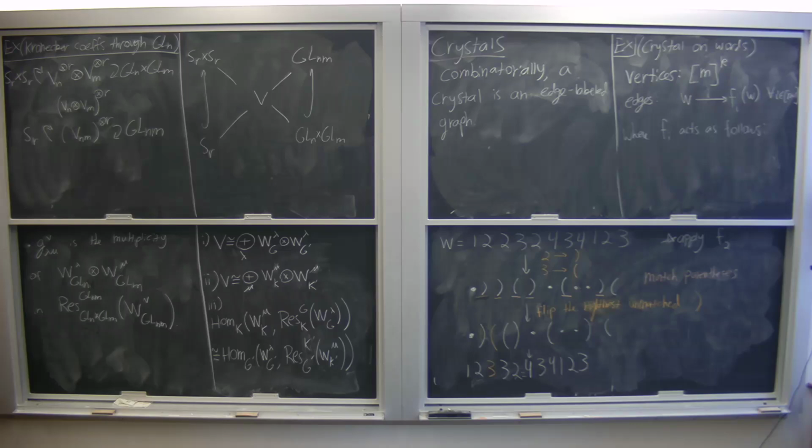If I apply this parenthesization process for f1, I'm going to change one of these ones to a 2. It turns out to be the last one. And so now I get the tableau whose reading word is 212. And I could keep doing this in all the ways that I can.